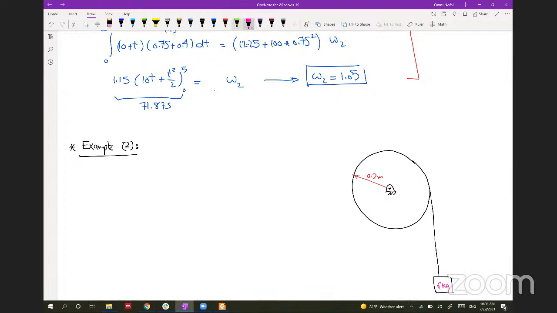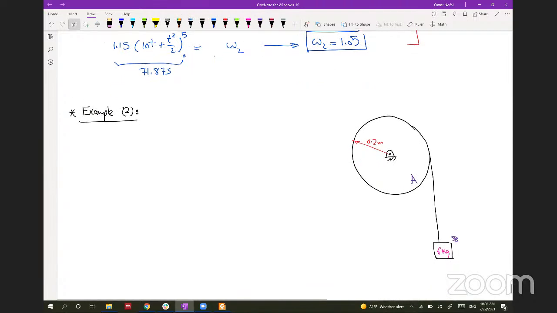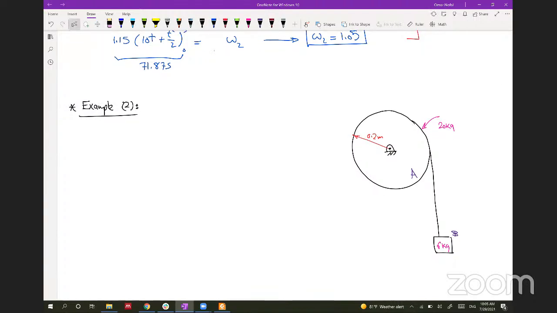All right, so let's call this body A, and this will be body B. And body A has a weight of 20 kilograms. At the initial state of this system, this weight was moving with 2 meters per second.